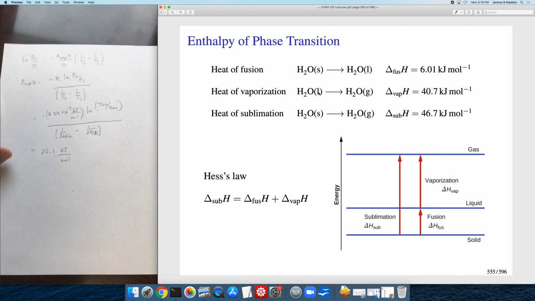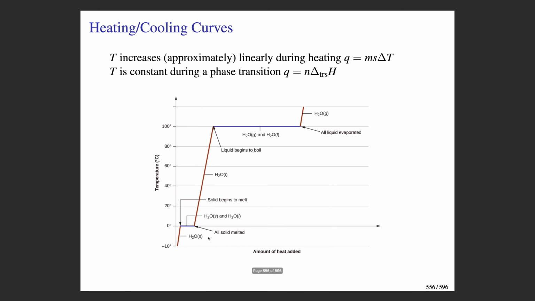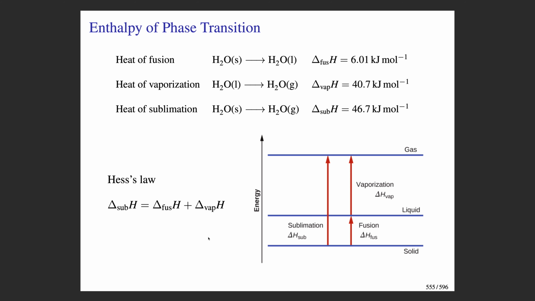Here, this concept is really just an illustration of Hess's law for phase transitions. We're looking at the fusion reaction, solid going to liquid, vaporization, liquid going to gas, and the heat of sublimation, solid going to gas.